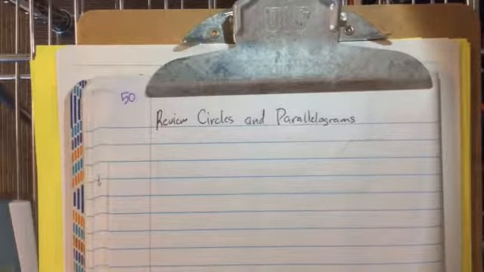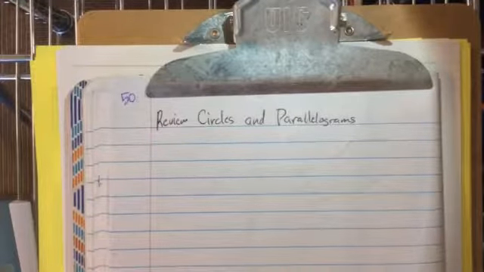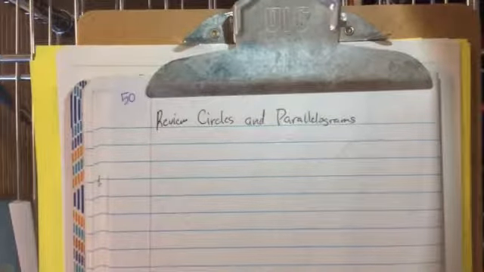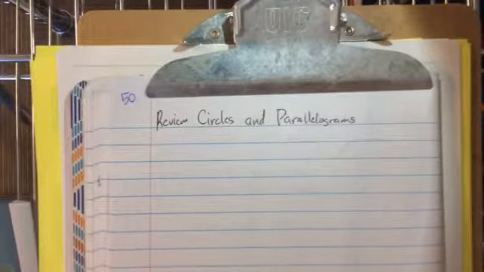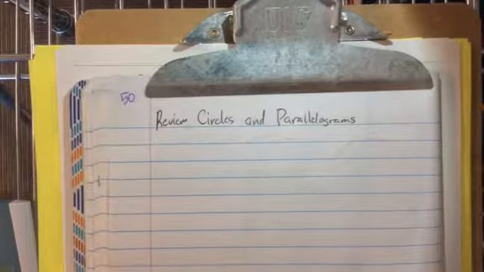So we're reviewing our areas and our perimeters and our circumferences of these shapes. So we're going to talk about our circles first.